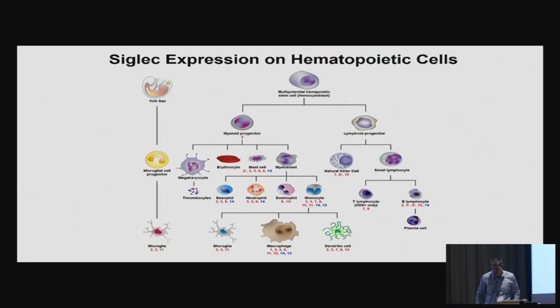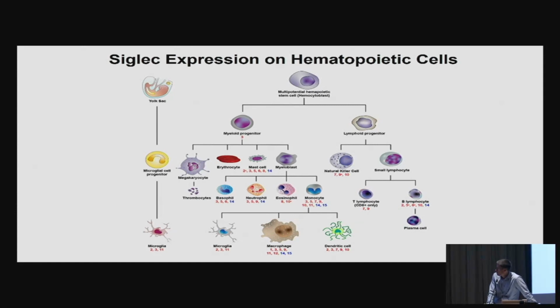Okay, here's a nice slide that Jesu from my group, who's in the audience, our first PhD graduate from the lab, put together, summarizing where the siglecs are, and where they are is predominantly throughout the hematopoietic lineage. I'm not going to go through all these.